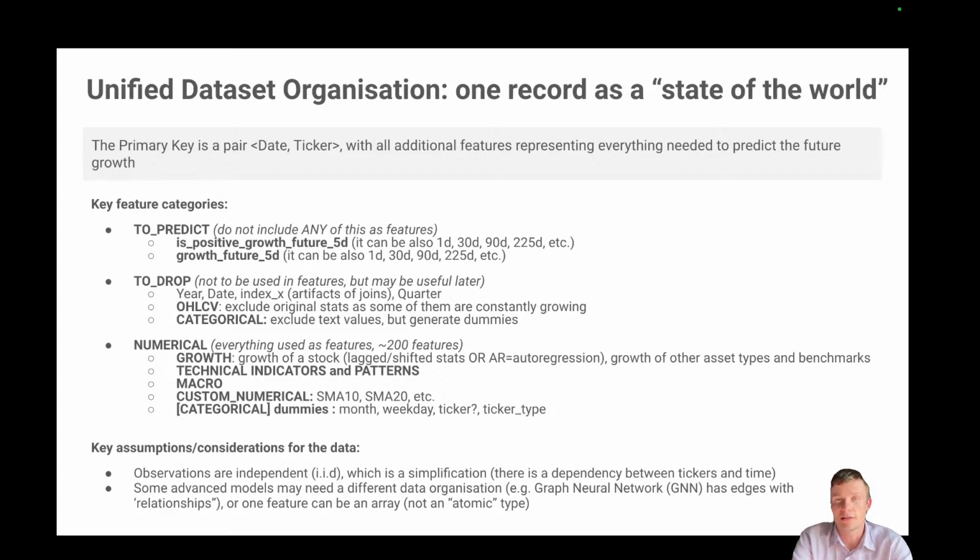So it is everything about future. Is positive growth future 5-day? So it's 0 or 1. It can be 1 day forward, 30 days forward, 90 days forward prediction, and you can generate 10 of them, and then use your modeling phase and generate many models covering different features to predict and select some model and some strategy which works better.